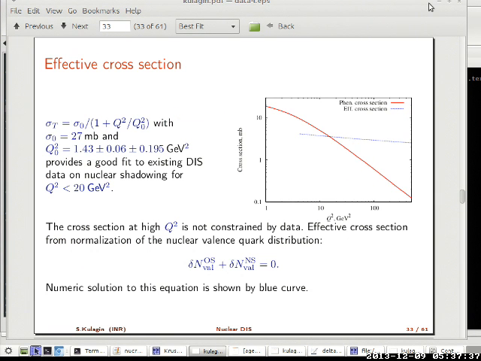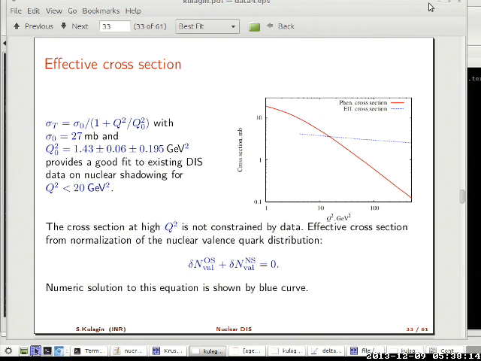And this is the shape of the effective cross-section. The parameter, the transition scale, was about 1 GeV square, and this cross-section is constrained by data in this region, since basically no data about shadowing exist for higher Q square.